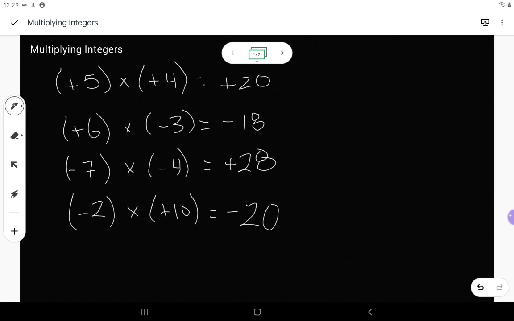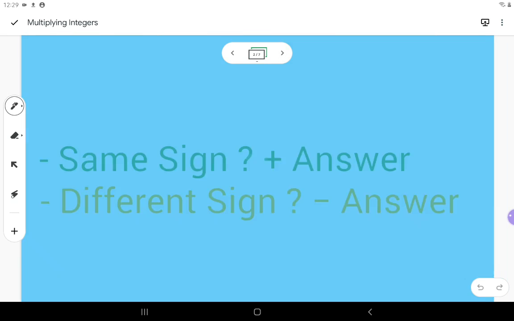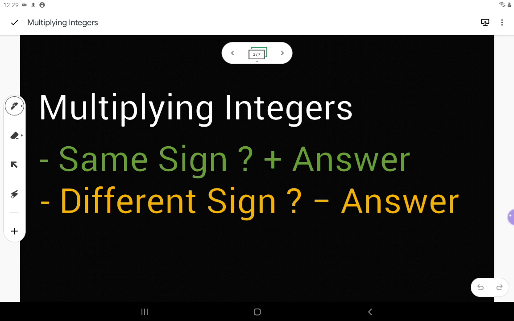Now we probably don't want to draw models forever, and I definitely don't want to be drawing like 20 or 28 or even more of these things. So what we're going to look at now is, I hope you started to notice a pattern: when we're multiplying integers with the same sign, we get a positive answer. Now this is annoying. I had put in a lovely little arrow, and I didn't notice this happen on my tablet.